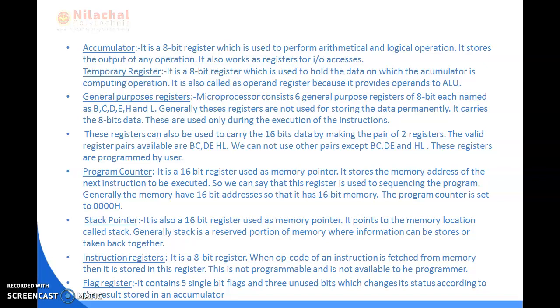All these general purpose registers are 8 bits wide. They are less important than the accumulator. They are used to store data temporarily during the execution of the program. For example, there is no instruction to add the contents of B and E register.